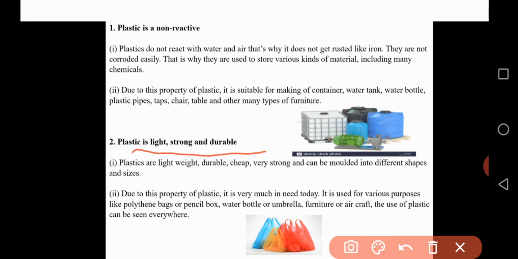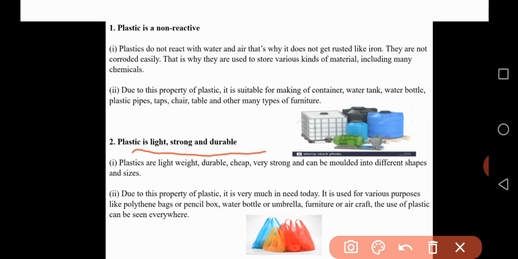Usually plastics are very lightweight. Any type of plastic you see in our daily life is weightless, having less weight, and that gives more durability, and it is also very cheap in cost, and very strong.